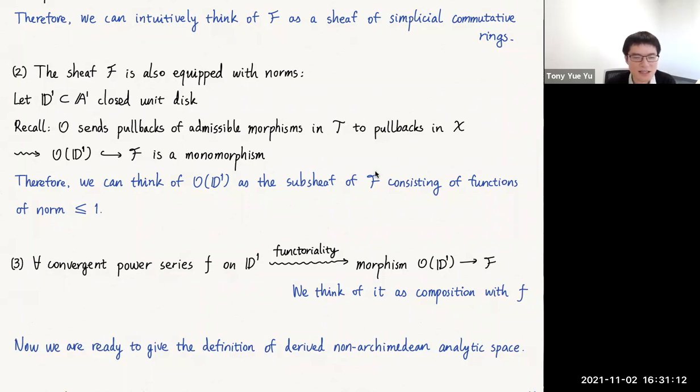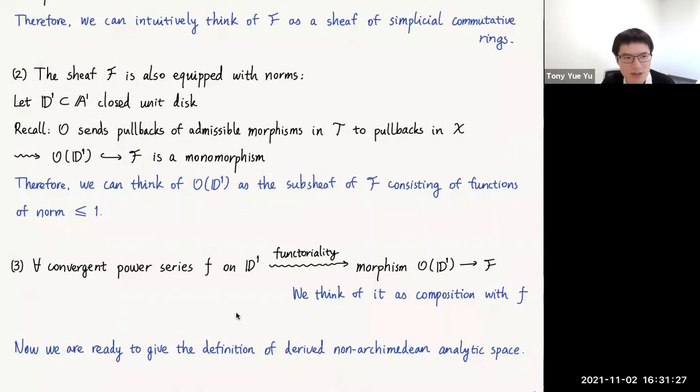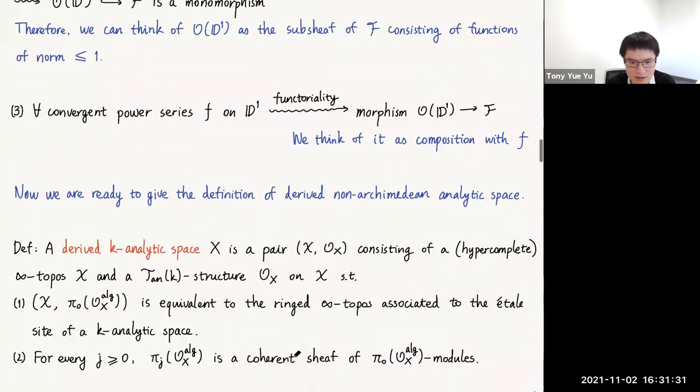So once we get this analytic structure on our structure sheaf, we can more or less mimic the definition of derived schemes for the definition of derived non-Archimedean analytic spaces. Yeah, so here is the definition.